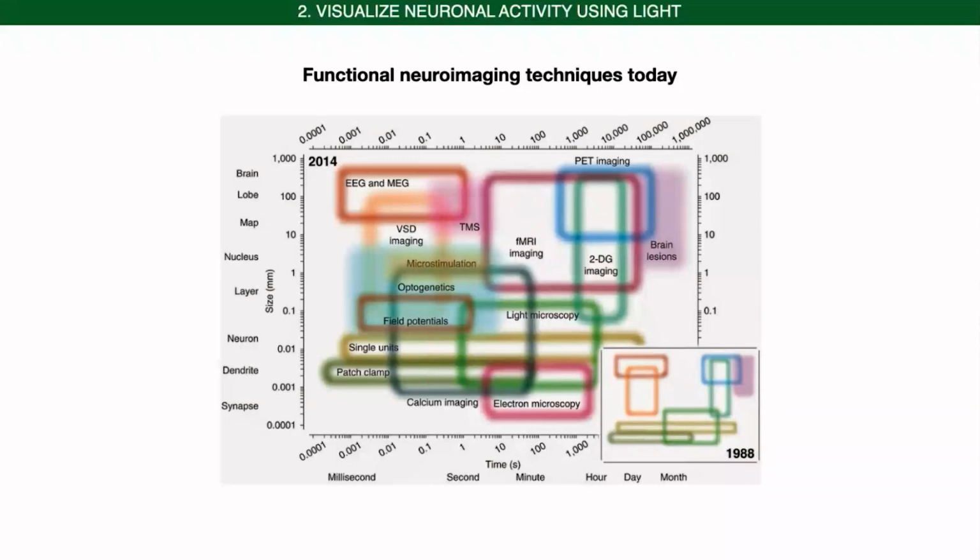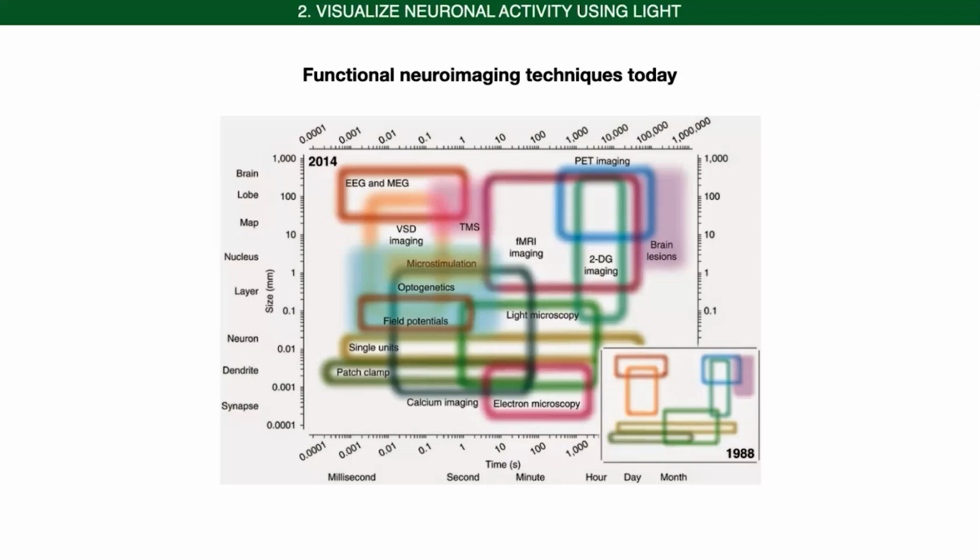So you may have heard obviously about EEG, MEG, PET, and fMRI. The interesting aspect of this diagram is to really immediately understand which kind of spatial resolution you can reach with these techniques, which is generally not specific at all.